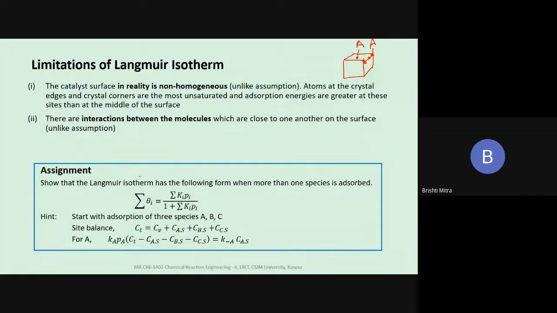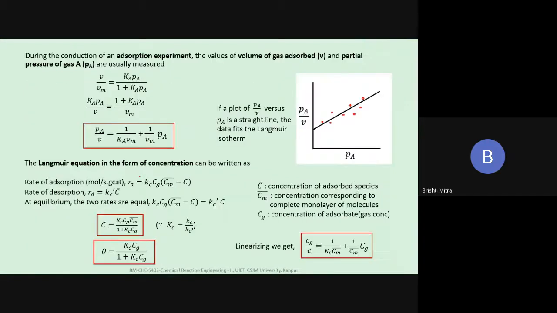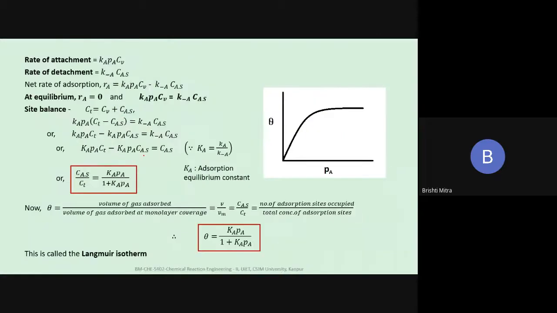You will see that when we are talking about the adsorption of a single species in terms of the Langmuir isotherm, what did we say? Once again, let me go back here: theta is equal to KAPA by 1 plus KAPA. Here only one species is involved, which is A, and that is getting adsorbed, and this is the surface coverage.